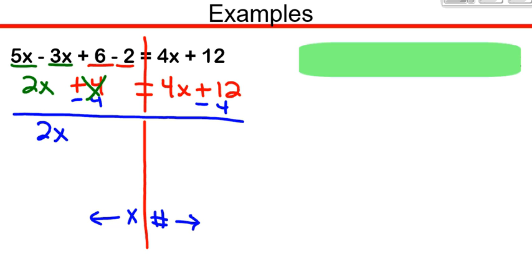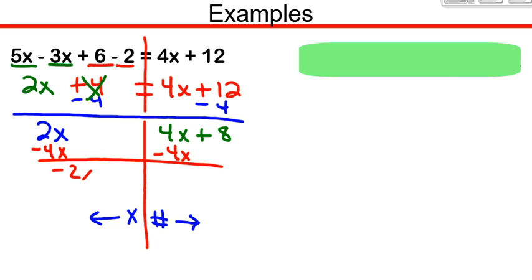And then over here, I'm left with 4x. 12 minus 4 is positive 8. All right, here go the x's. Minus 4x, minus 4x. That will leave me with negative 2x over here, equals, and of course these are going to cancel, equals positive 8.